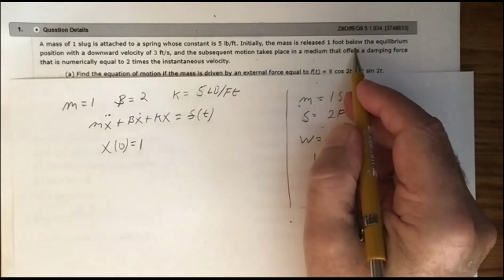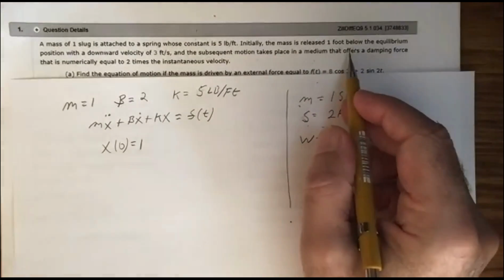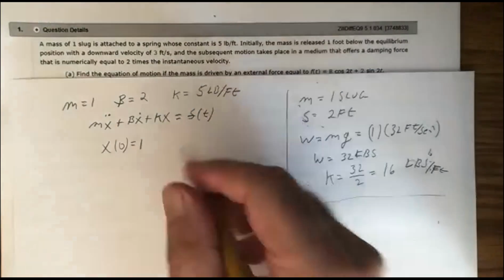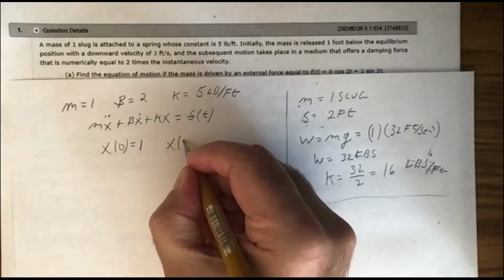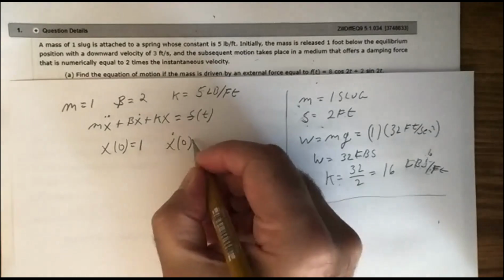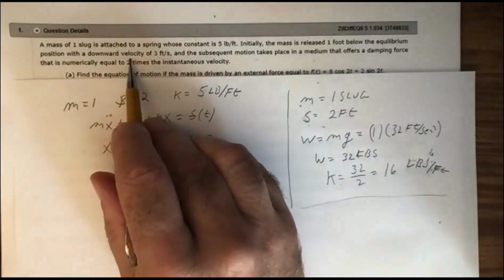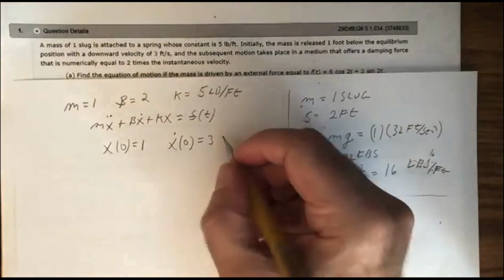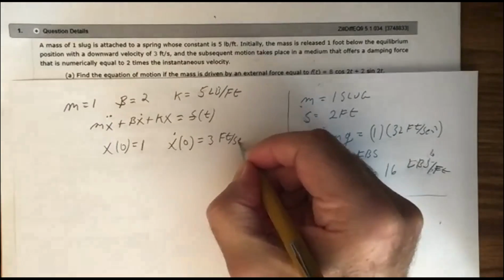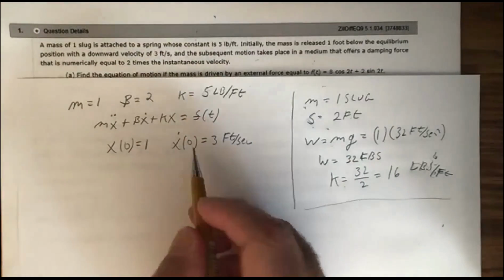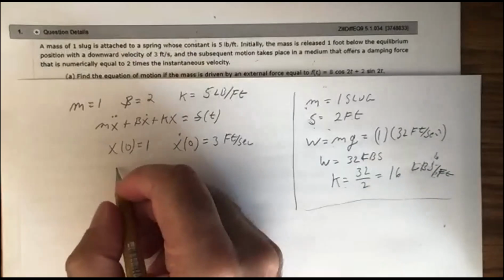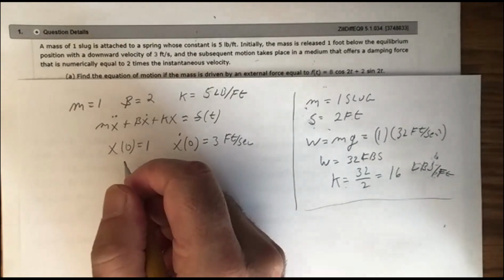So that's positive. Remember, we take the positive direction to be down. So 1 foot below. And they also tell us that the velocity is downward at 3 feet per second. So this is our initial velocity. These are the initial conditions. And they also tell us what the driving force is here.